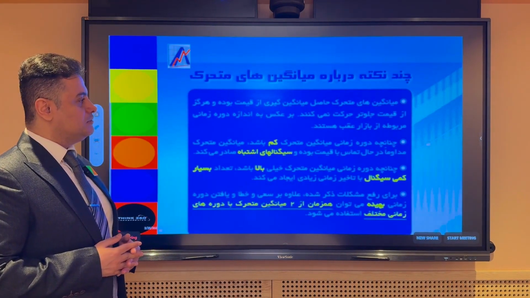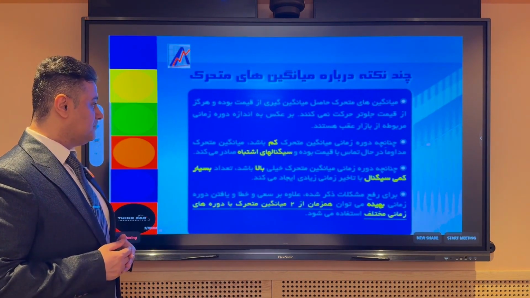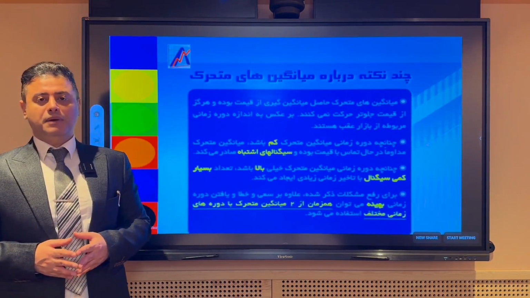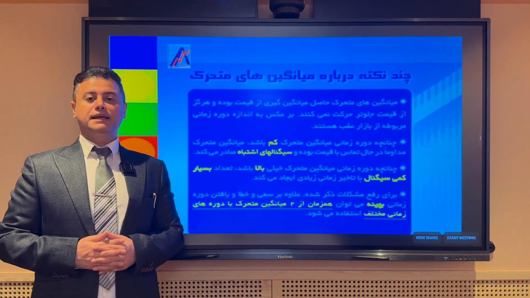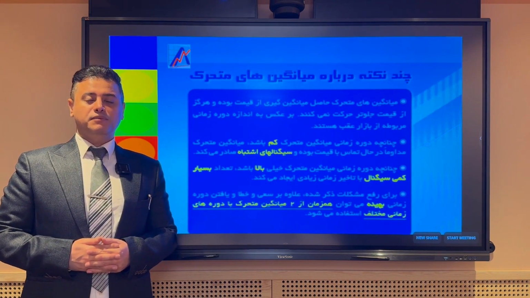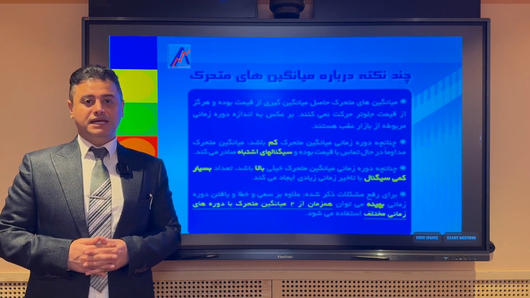If the moving average time period is short, the moving average is constantly in contact with the price. A very important point you need to know about moving averages is the time period of the moving averages. You see, the software by default provides you with a time period for the EMA.